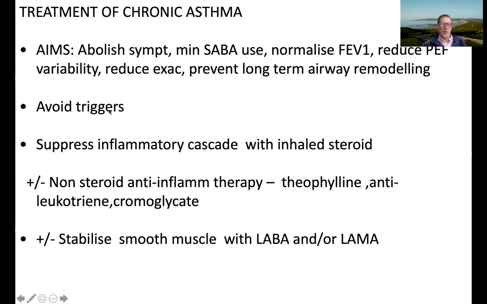We should try and avoid trigger factors where feasible, suppress the inflammatory cascade with inhaled steroid, melt away the eosinophils, and then add in either non-steroidal anti-inflammatory therapy with leukotriene receptor antagonist, theophylline or chromoglycate, or more commonly, stabilize airway smooth muscle with a long-acting beta agonist and or a long-acting muscarinic antagonist. So you give an ICS-LABA or an ICS-LABA-LAMA triple inhaler.